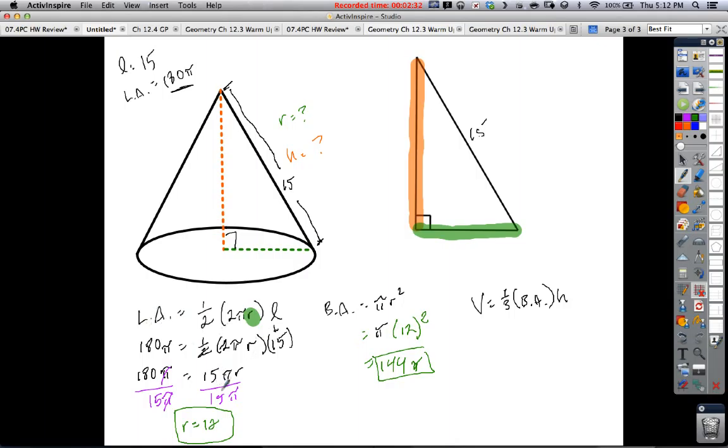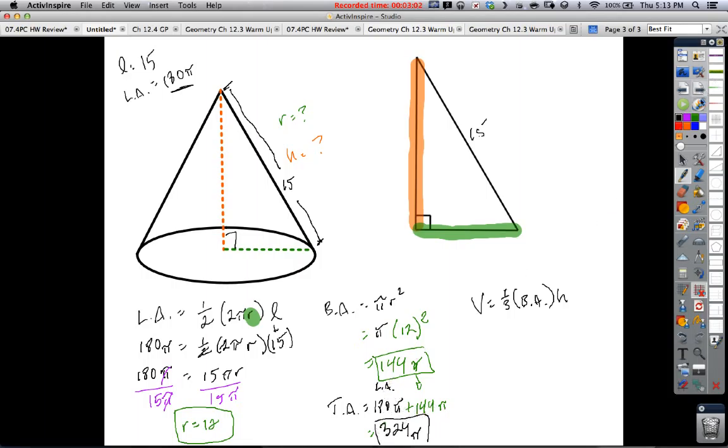Well, the total area is just the lateral area, which they already told me, 180 pi, plus my base area, 144 pi, which should be 324 pi. So that's my total area.